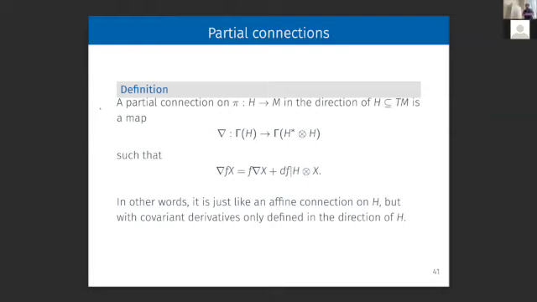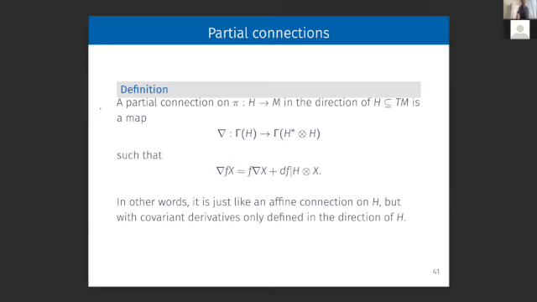A partial connection in the direction of H means that you only have derivatives in the direction of H. So it's just like an affine connection, but with the derivatives only defined somewhere.